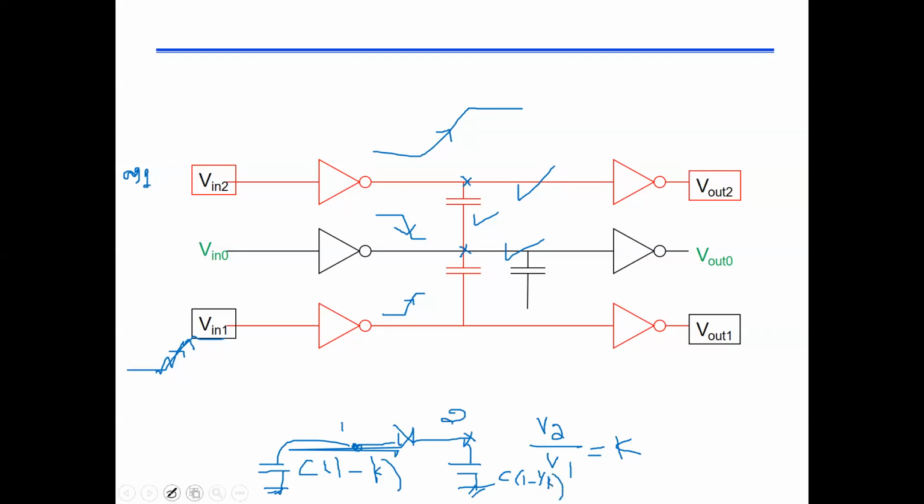طيب. Let us erase some scratches and let us use the red color. أول شي خليني أمحي هون. طيب. So the first thing that we need to look at is what is the gain between the two nodes يلي هن الaggressor والvictim. So if we go to this node, هيدي is going up to VDD وهيدي is going down.